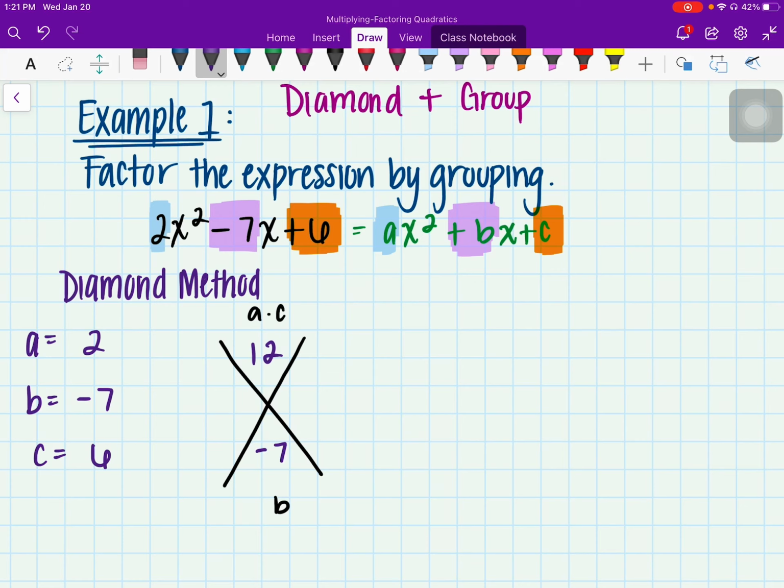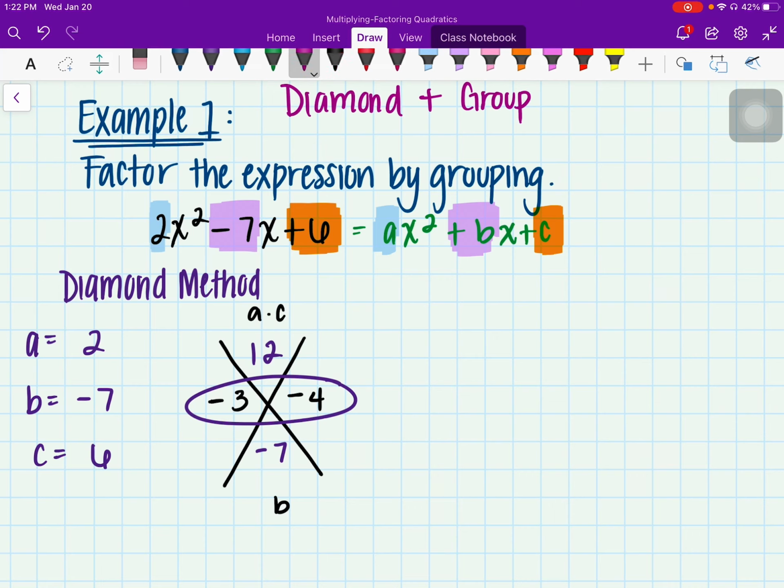So then we want to focus on what two factors multiply to 12 but add up to -7. What are those factors? Can you think of those two factors? In this case, those two factors will be -3 and -4.